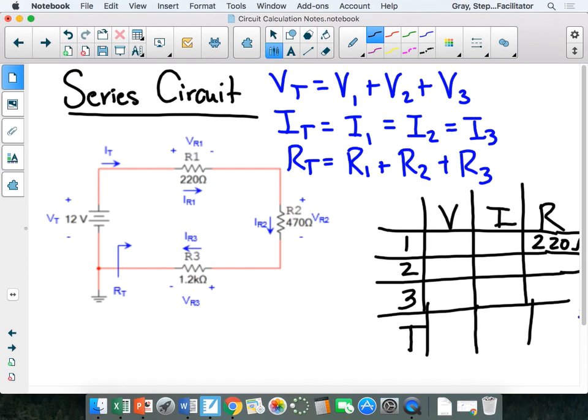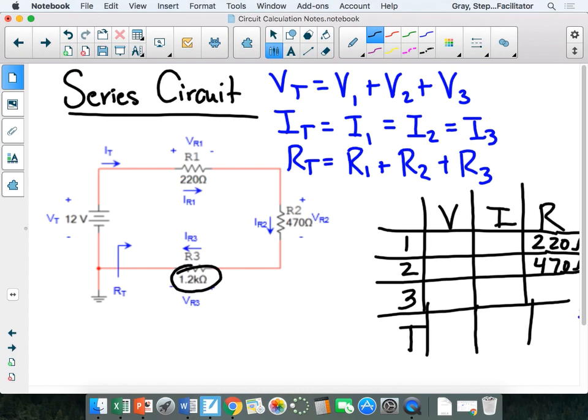At 2, we only know the resistance as well. It's 470 ohms. Now here's where I want you to be careful, and please be careful on the test when you're taking this. This one, 1.2 kilo ohms. So I automatically go on and change that.